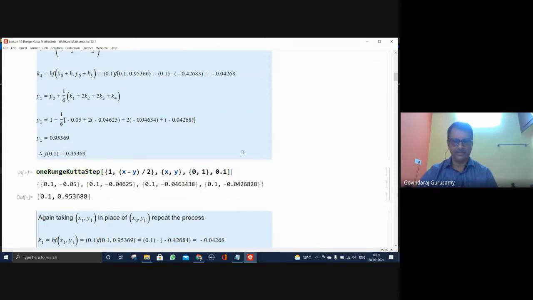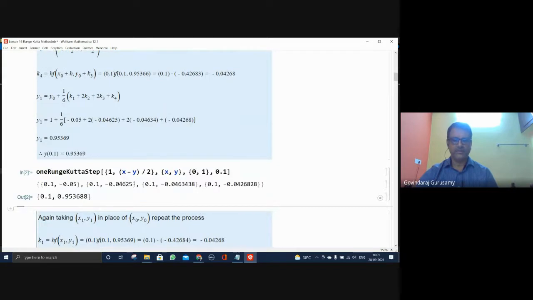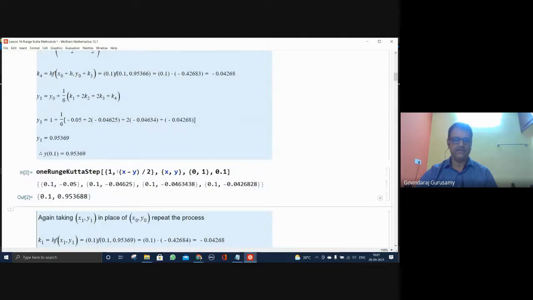If I enter this, one iteration is over for x equal to 0.1, and I'm getting the number 0.95368, which is 69. Check the other values: minus 0.5, minus 0.04625, 0.04634, that number is also available, and 0.4268. Done, over, this is enough.